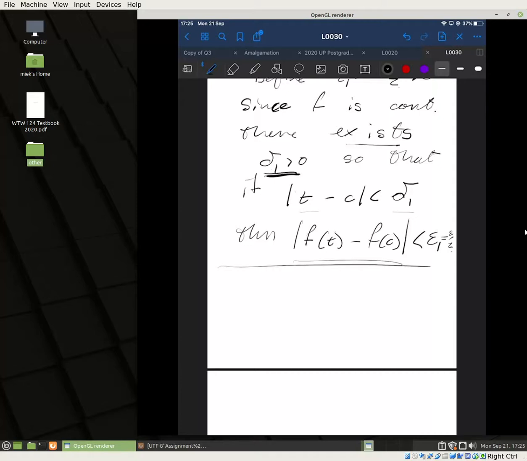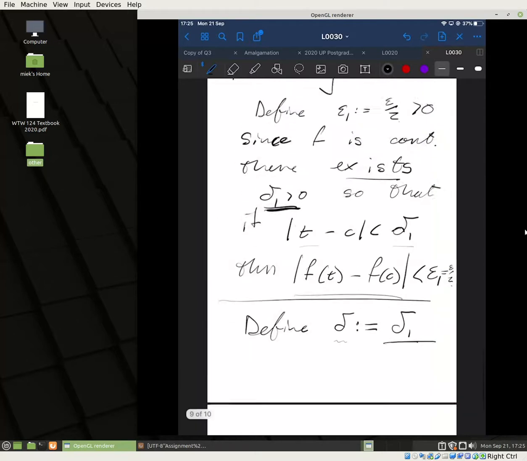And just to keep the symmetry with our outline, I'm going to define delta as exactly delta 1.